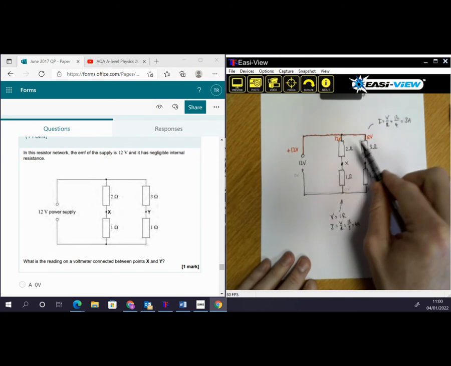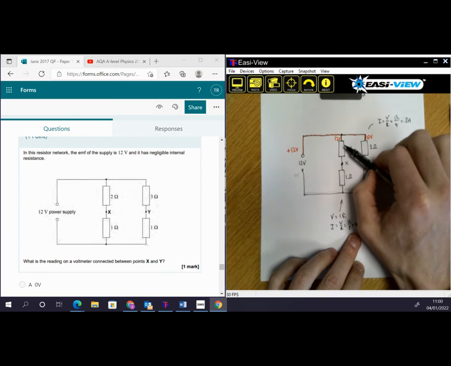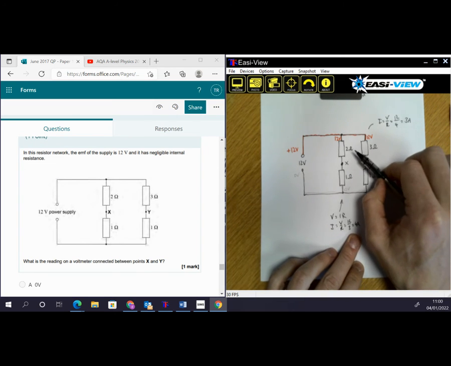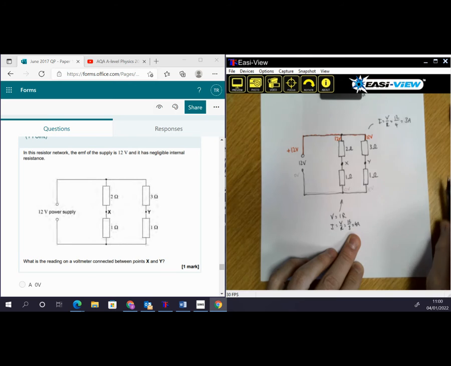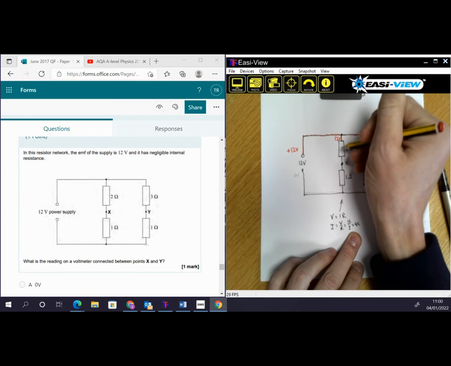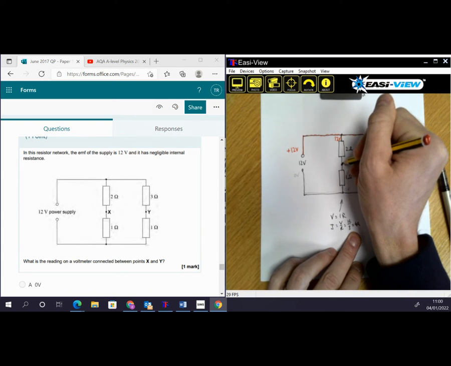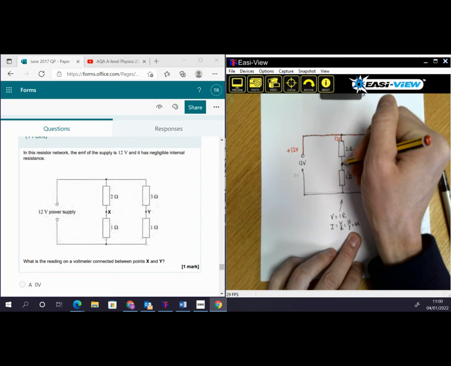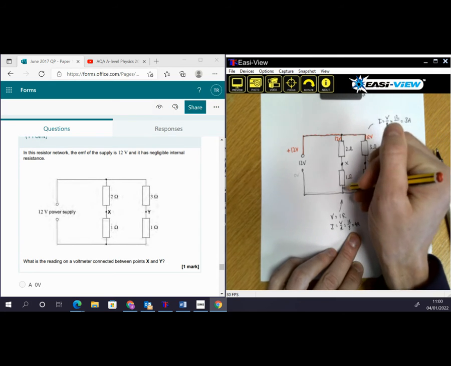That's absolutely fine. Now, a 4 amp current flowing through here means 2 ohms is 2 volts per amp. You can express an ohm as a volt per amp. So we lose 8 volts going down here. So 8 volts are lost there, and then the remaining 4 volts are lost here.